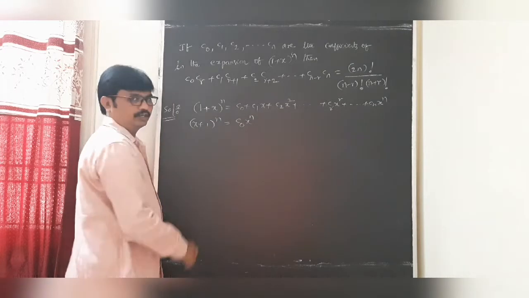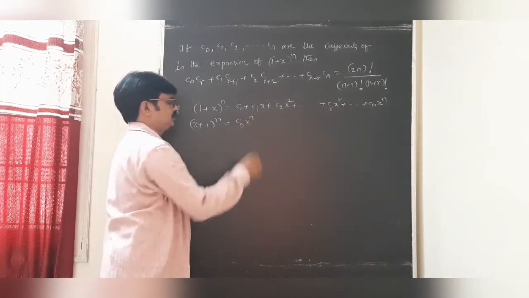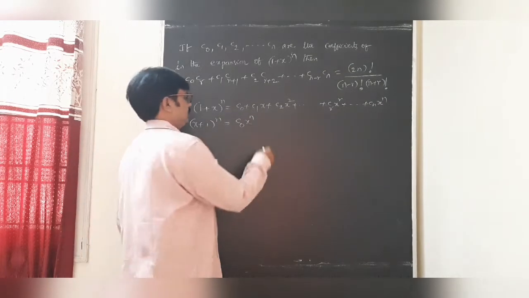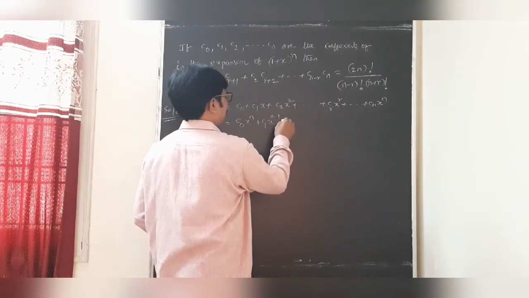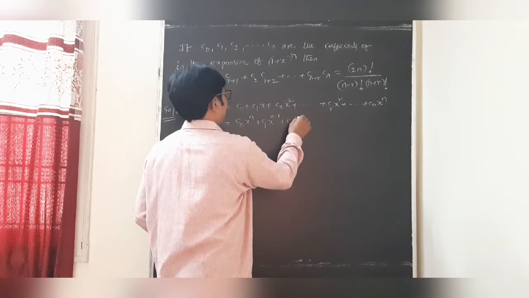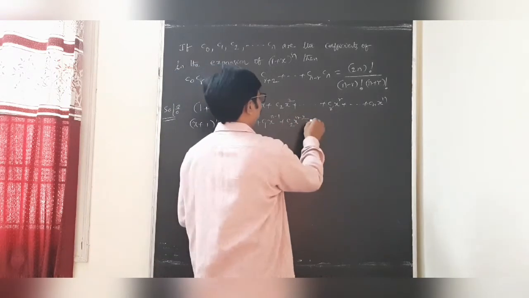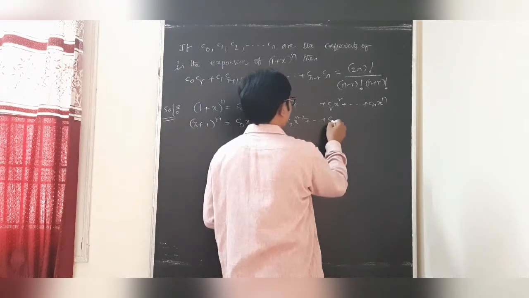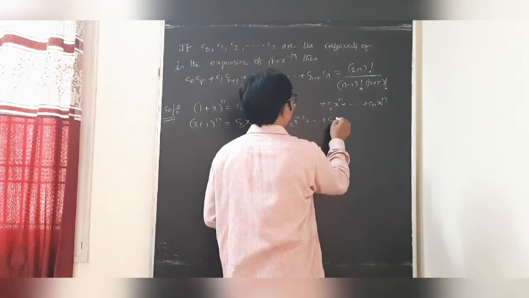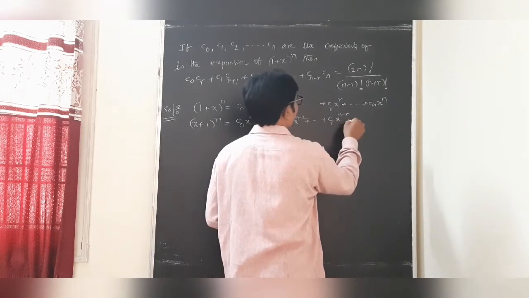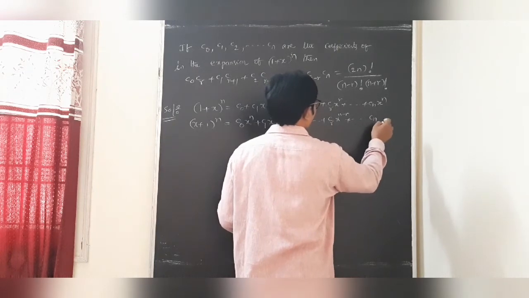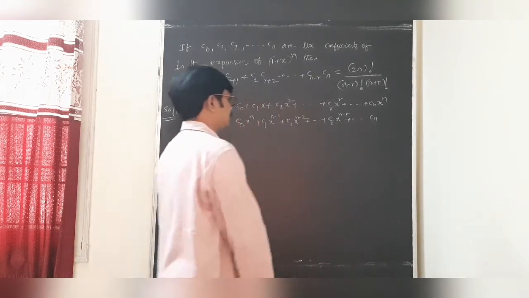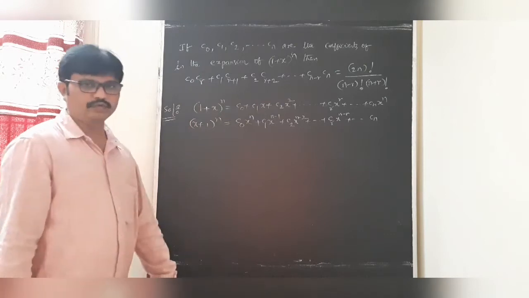C0 is nothing but nC0, and n minus 0 is the power of x, so x^n. After that, C1 x^(n-1), C2 x^(n-2), and so on, Cr x^(n-r), and so on, Cn, n minus n is x^0, that is 1.